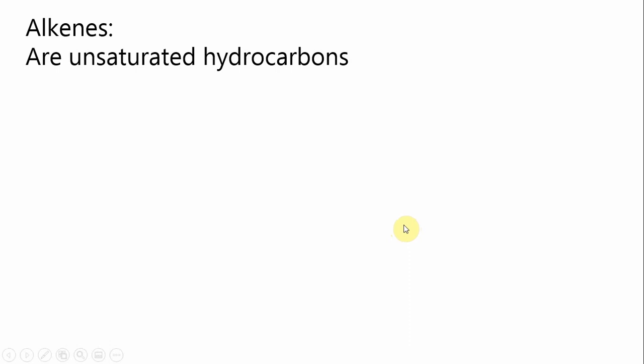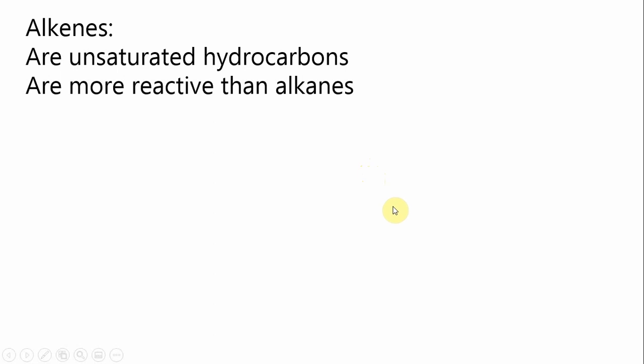Because carbon isn't bonded to the maximum number of species that can be attached to it, we call it an unsaturated hydrocarbon, because in order to be saturated, we'd have to break the double bond and add something else to each of the carbons.